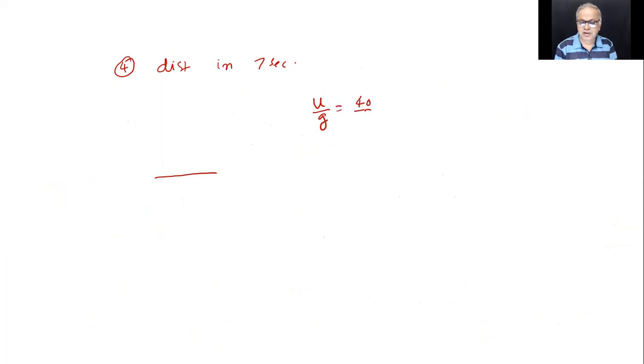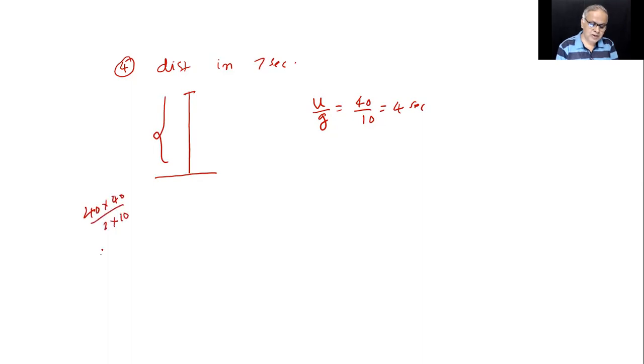So that is 4 seconds. So until 4 seconds it goes up and covers a distance of how much? You already have seen u square by 2g. 40 into 40 by 2 into 10. 80 meters. So it went 80 meters up.